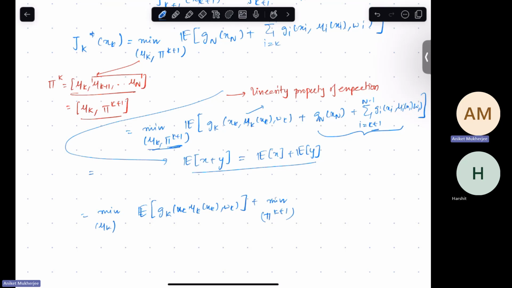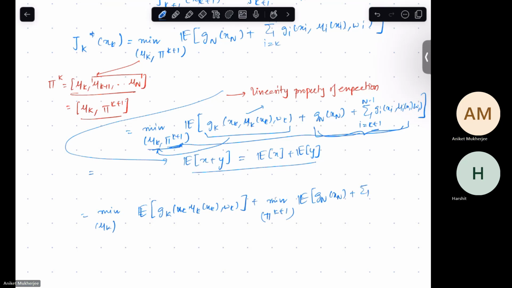I've split this vector because the first term depends on just mu k and the last term depends on the vector pi k plus 1, so I choose the minimization over those: the expectation of gn of xn plus the summation for i equal to k plus 1 to n minus 1 of gi of xi, mu i of xi, wi.